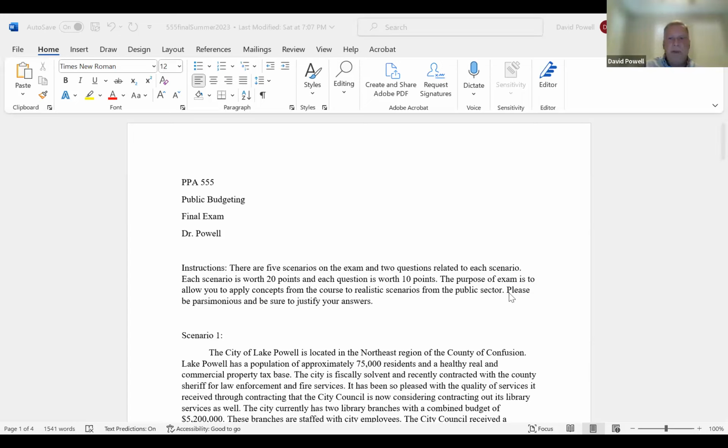The final assessment is organized around 5 different scenarios, and each scenario has 2 questions attached to it. So it's a grand total of 10 questions, 2 related to each of the 5 scenarios. What I am looking for here is parsimony. I'm a big believer in being concise.